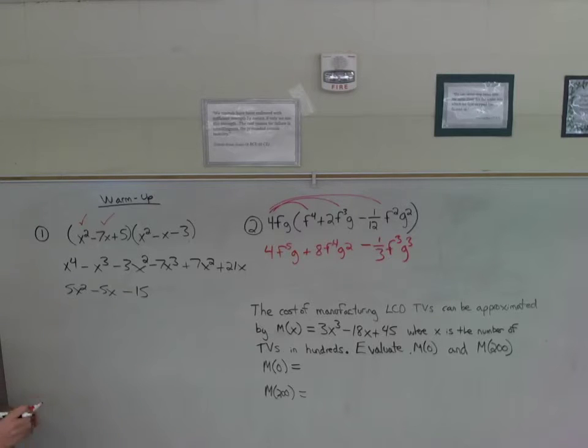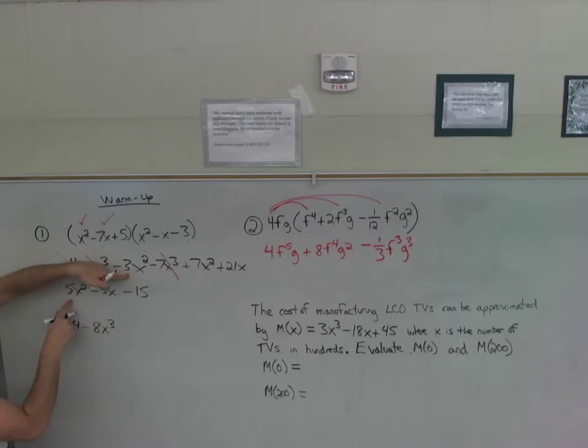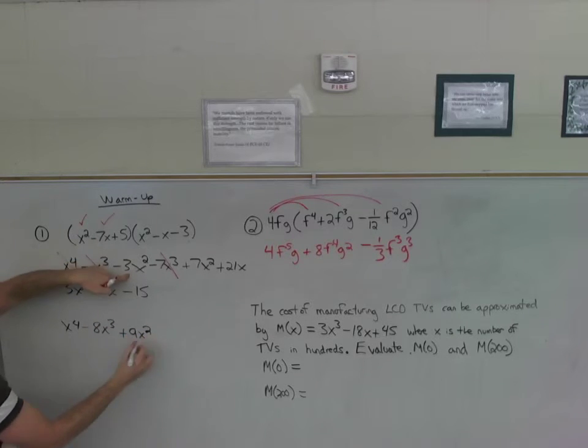So then we say, okay, do we have any more 4th degree things? No. Done. 3rd degree things. We have this one and this one. How many of them? Negative 8 of them. Yes? X squared things, we got a bunch of those right there, there, and there. So we got 4 of them between these two, and 5 of them is 9 of them.